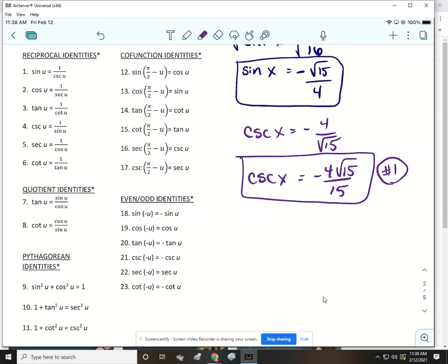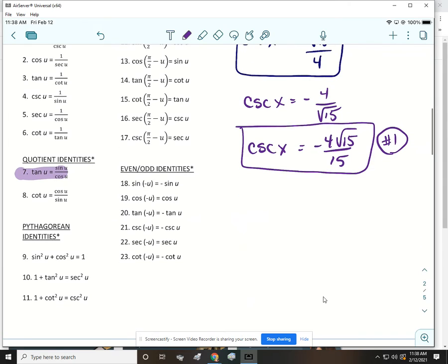Once you have sine and cosine, you can figure out tangent by using number 7. So tangent of x is equal to sine of x divided by cosine of x. So tangent of x is equal to, our sine of x that we found was negative square root of 15/4, and my cosine was 1/4.